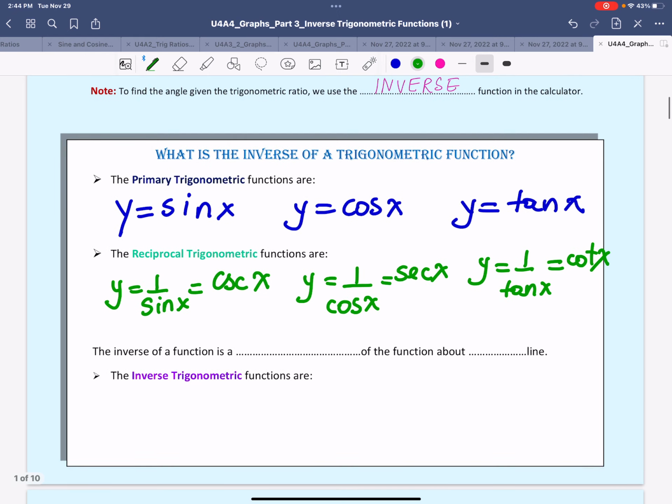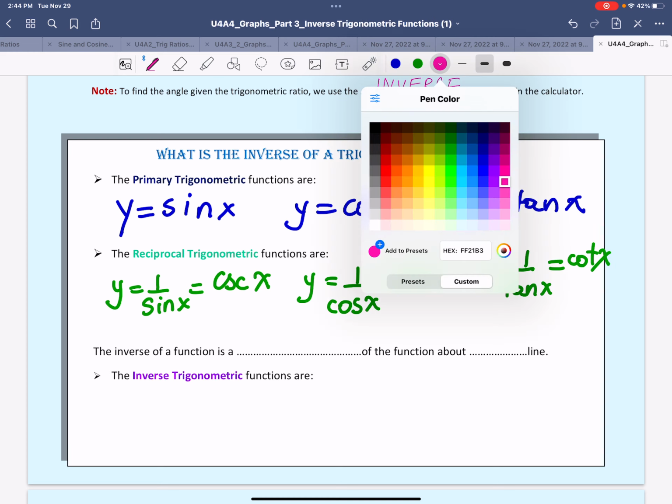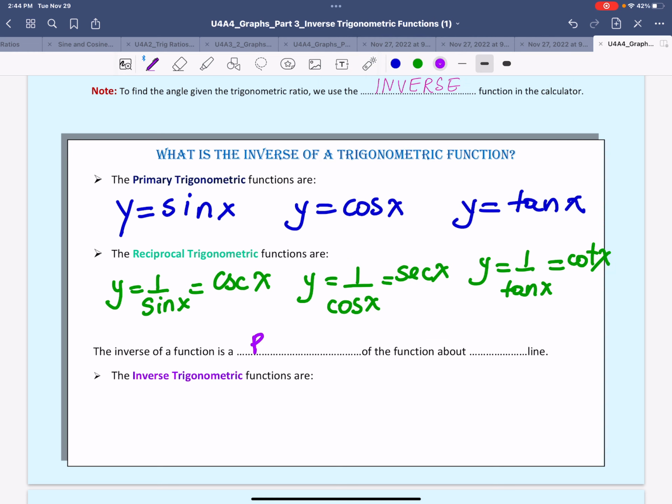So the inverse of a function is a reflection of the function about the y equals x line. And that works for any inverse function.